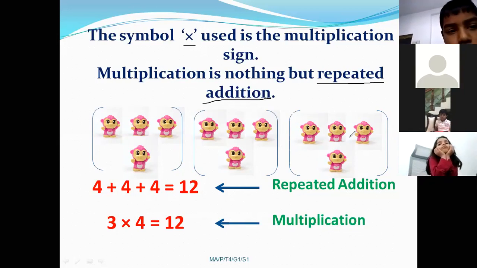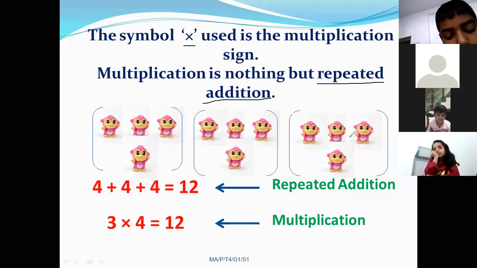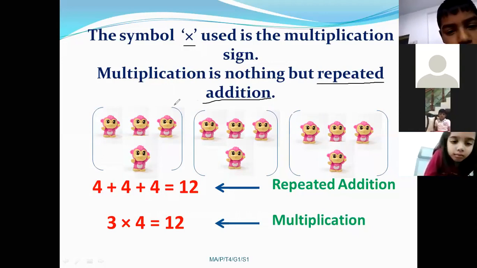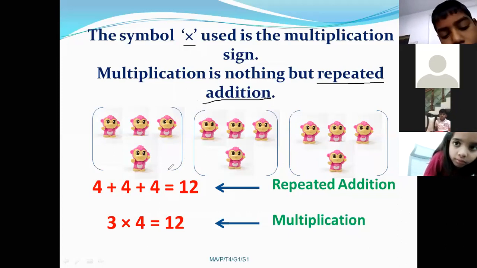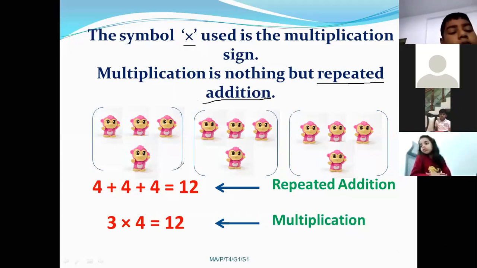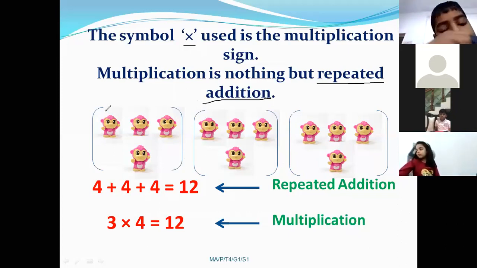I'll explain again, and listen carefully. Siddharth, you tell me how many groups are there? 3 groups, ma'am. Very good, Siddharth. And Swarnika, pay attention this time. These blue lines are denoting one group. So, for your convenience, I'll draw it with black color.